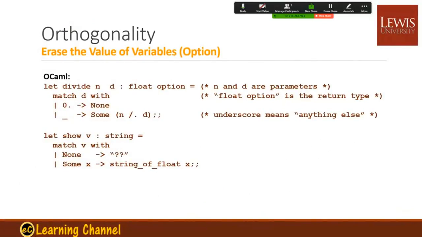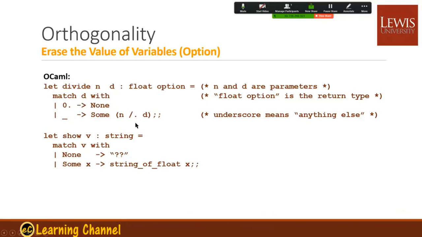Orthogonality in OCaml. Here is an OCaml statement. Let divide n and d be numerator and denominator, and the return type is an option type. If d matches 0, we return nothing. The option provides you two options: either you put underscore, which means nothing, or otherwise some value. If you see a 0, you provide a None.